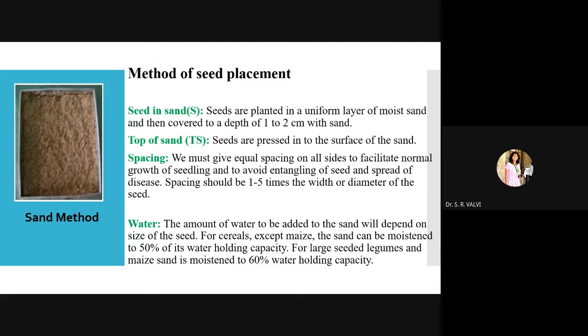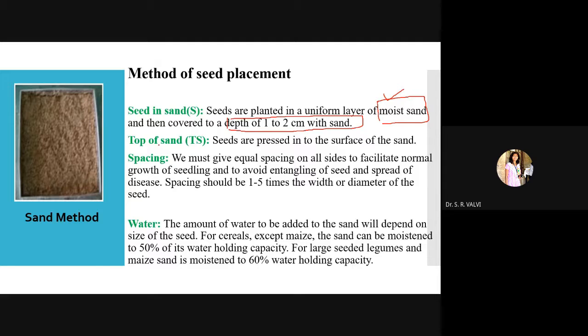Now how are you going to place your seeds on the sand? Here they have given a depth of 1 to 2 centimeter in the sand, and in moist condition. In moist sand you have to place your seeds in a uniform manner, right?